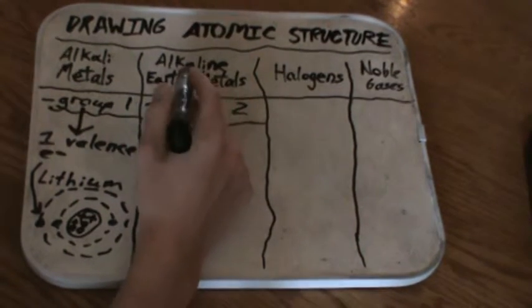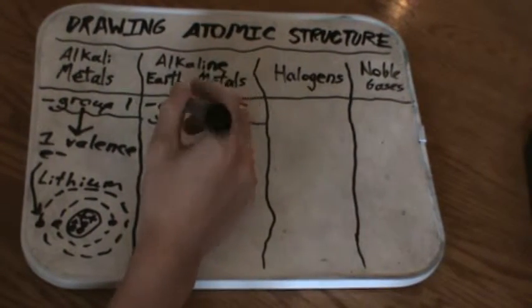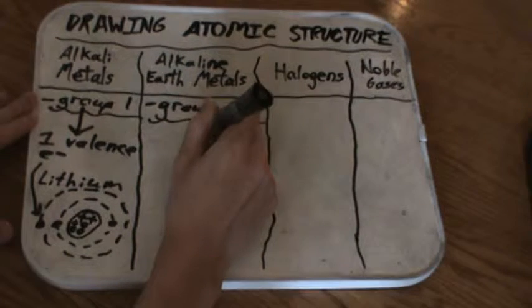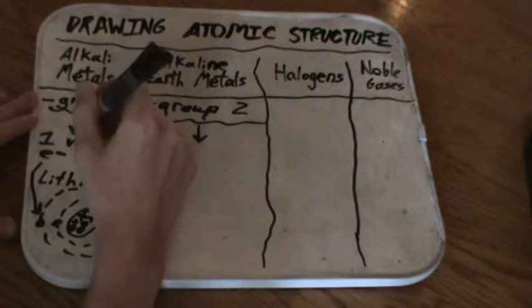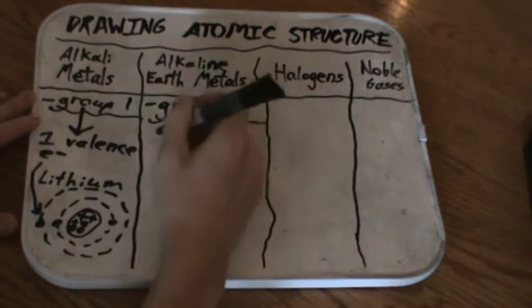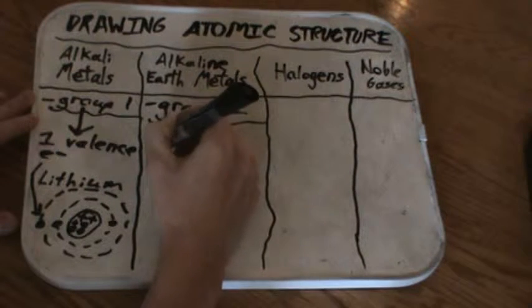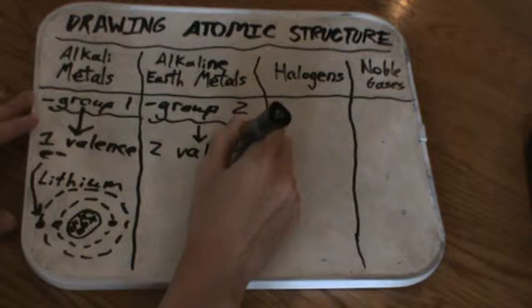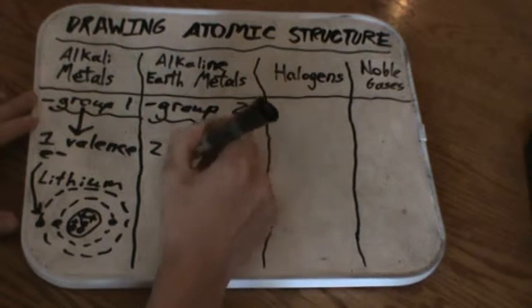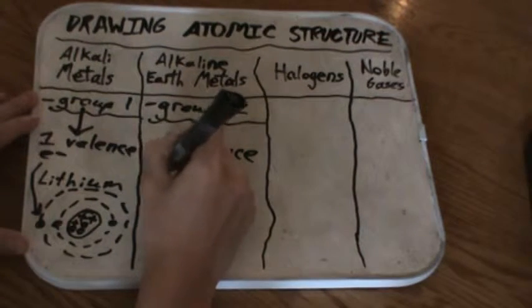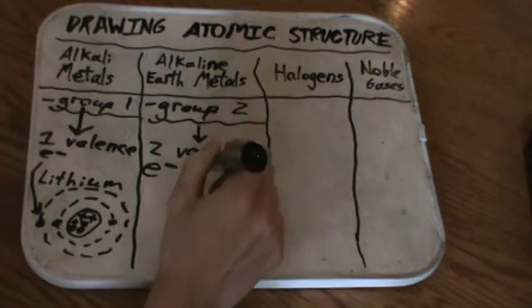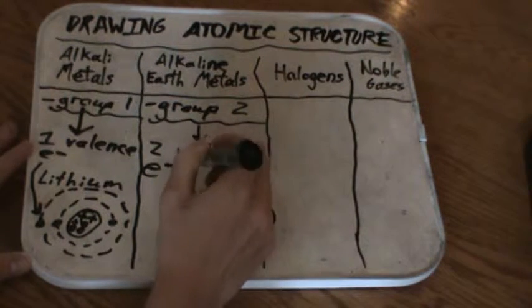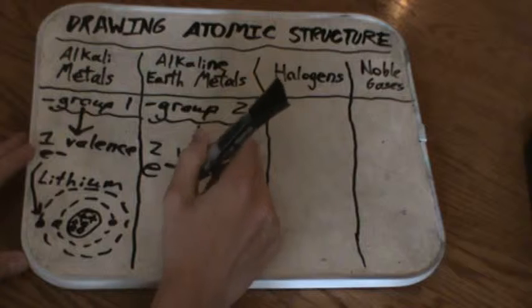So now, the alkaline earth metals, they are group 2, and just as the group 1s were the alkali metals, they have 2 valence electrons. This number corresponds to the number of valence electrons in the outer energy level. And so let's look at magnesium.